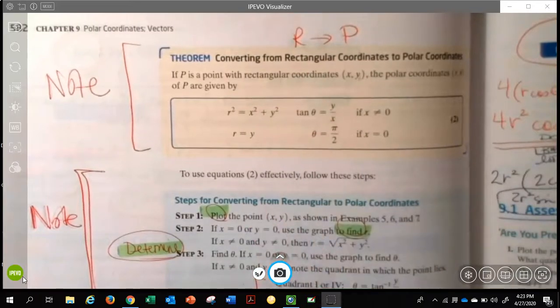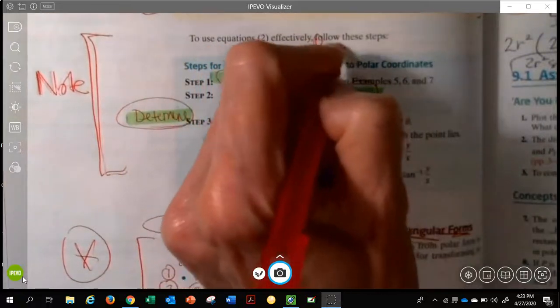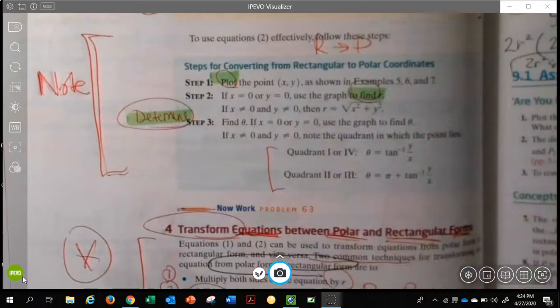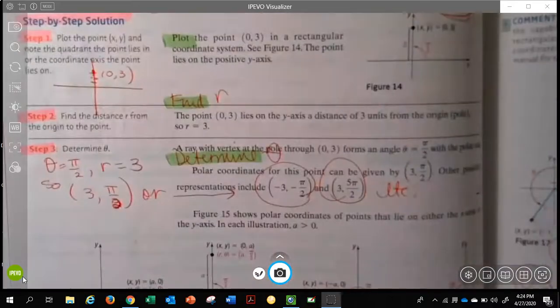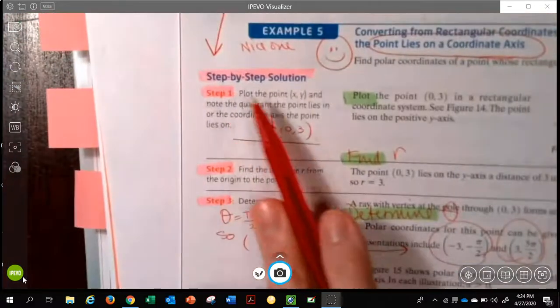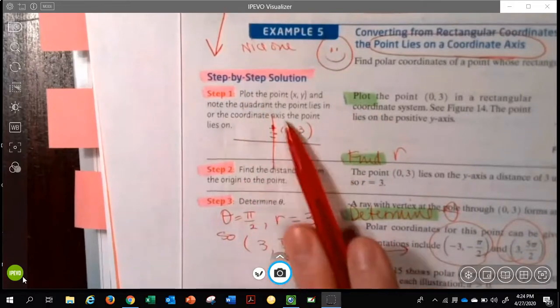And then the same thing here, it's just a little bit more in depth, and again going from rectangular to polar. And then they give us a little bit more, and while I'm doing this, I like to highlight that the step-by-step is the first thing we're going to do is plot, and then we're going to draw it.